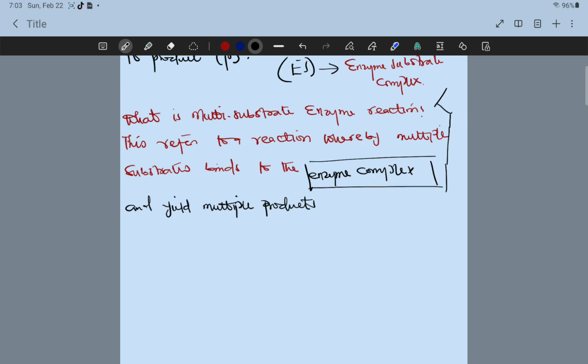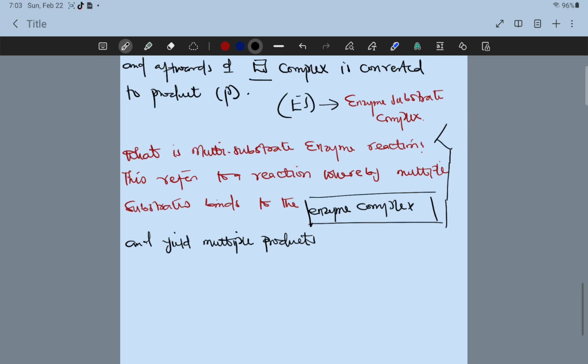We move to the next question: what do you understand by the multi-substrate enzyme reaction? We said this refers to a reaction where multiple substrates bind to the ES complex, thereby yielding multiple products. That is what we call MSCR, also known as the multi-substrate enzyme reaction.